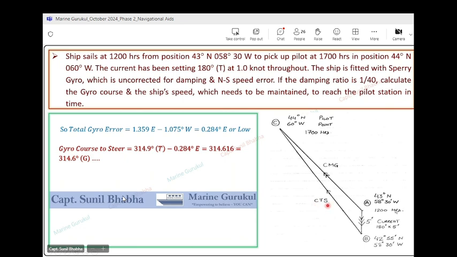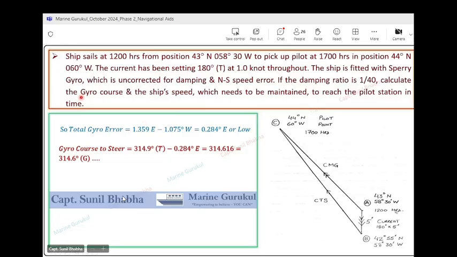This is the course on which the gyro error is to be applied. So true course to steer was 314.9 degrees true. We apply the easterly or low error. Error east, compass least. So this should be subtracted and it gives us the gyro course to steer as 314.616. So this is the gyro course to steer.